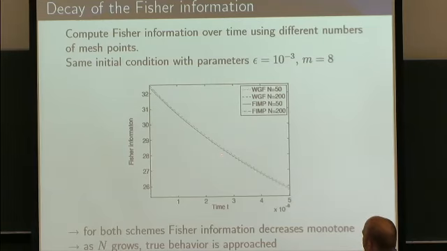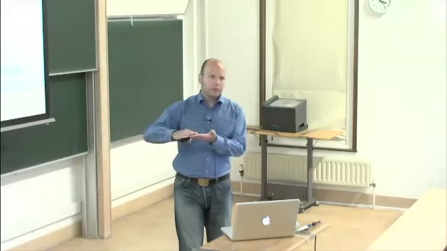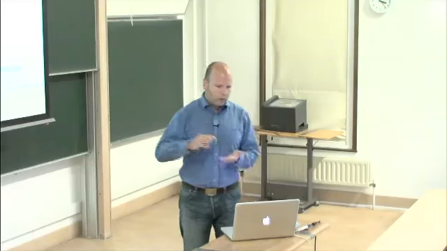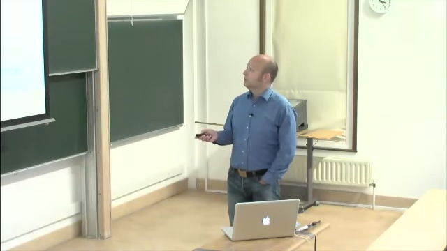For n equal 200 grid points, it is this line. While the fully implicit scheme seems to come from above, right? Of course, all have to approach the true behavior of the equation, but you have both schemes: one gives you a lower bound, the other an upper bound for the true behavior of the Fisher information.